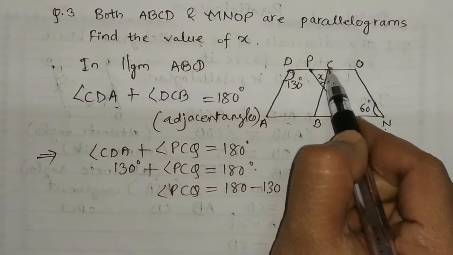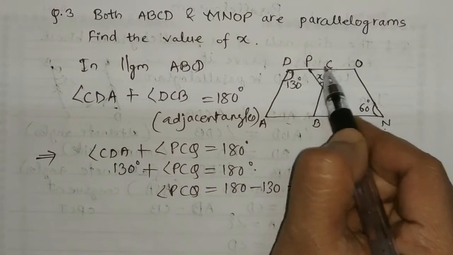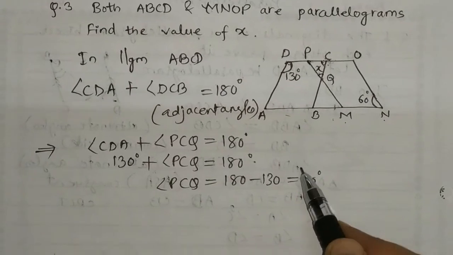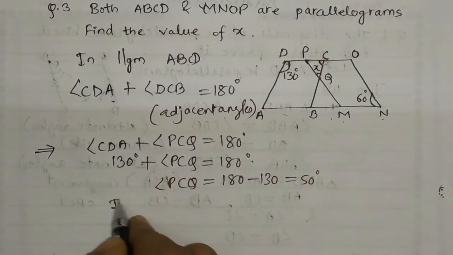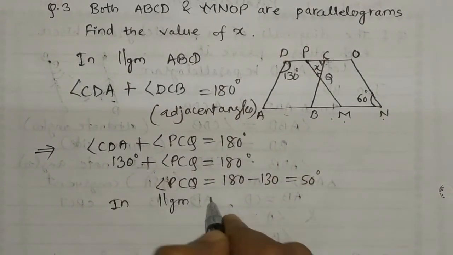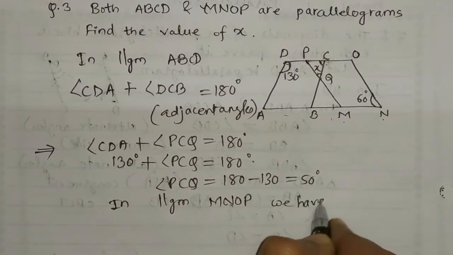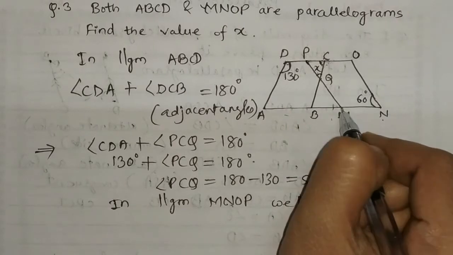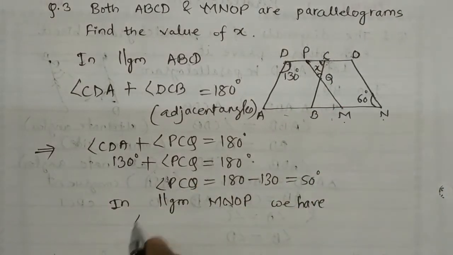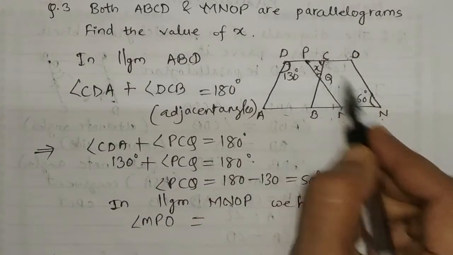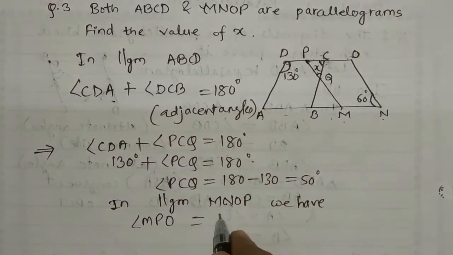So if you notice in this triangle PCQ, this angle we got as 50 degrees. Now again in a parallelogram MNOP, angle MPO is equal to angle MNO. These opposite angles are equal.